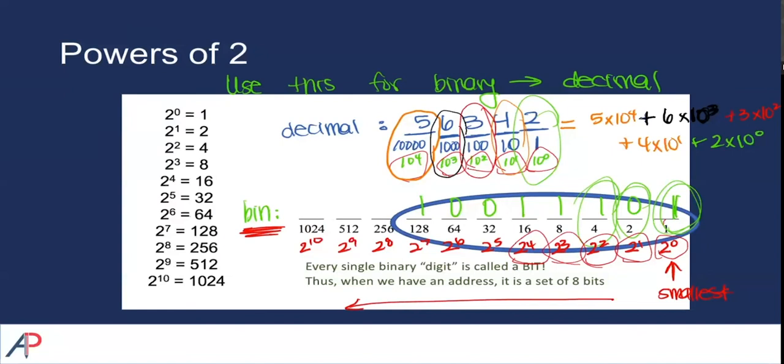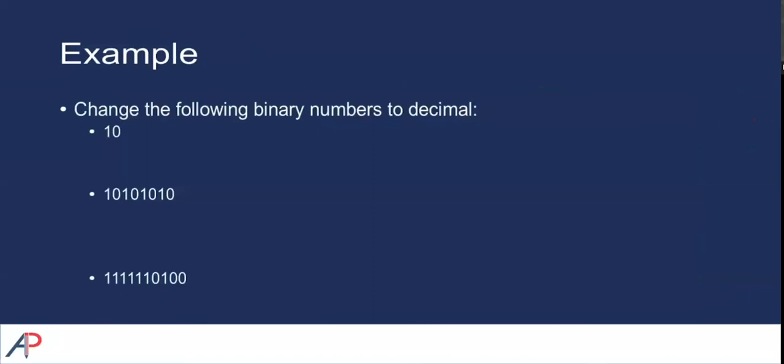So we could also use this idea and translate it so that we can convert one number into another. So let's try this example. We're going to change the following binary numbers to decimal. When we do this, remember: find place values starting from the right.